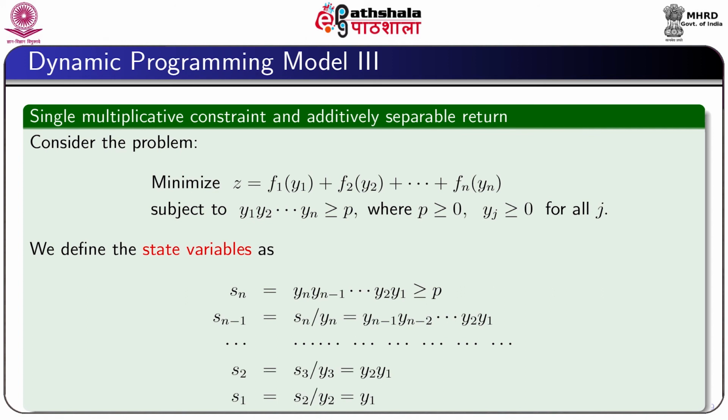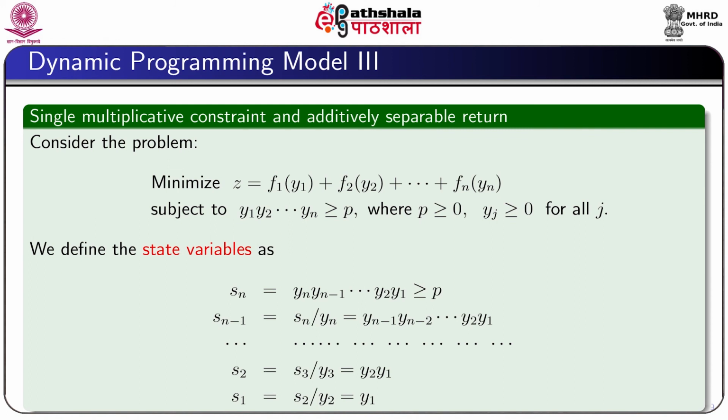We define the state variables as follows: Sn is equal to y1 y2 dot dot dot yn, which is greater than or equal to p. Sn minus 1 is equal to Sn by yn, which is equal to y1 y2 dot dot dot yn minus 1.